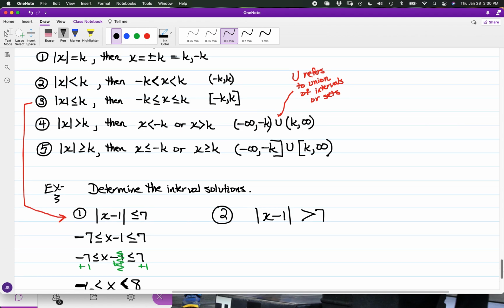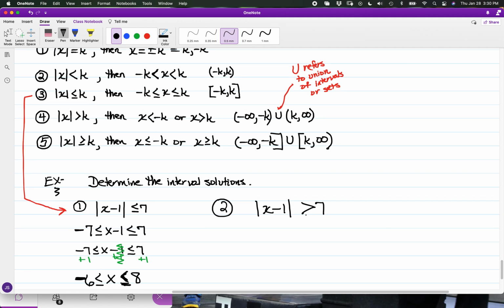And this time, for the absolute value of x minus 1 greater than 7, this will be a case of the absolute value of x is greater than k. And in terms of what to do with x minus 1 once I take it out of the absolute value notation, we're going to have these two types of statements.